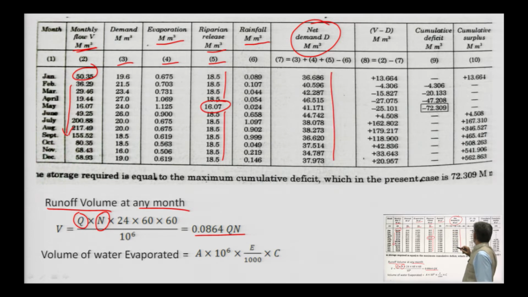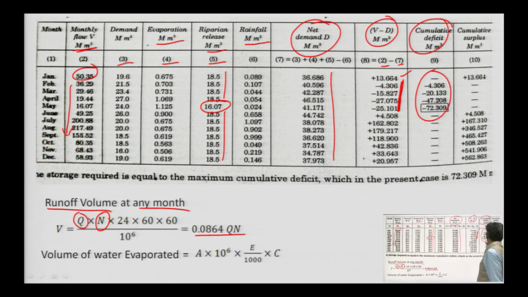Then supply minus demand, column 2 minus 7, gives column 8. A positive sign shows surplus water, and a negative sign shows deficit. The cumulative deficit has been calculated, and the deficit is only for this range, with the maximum value being minus 70.309.